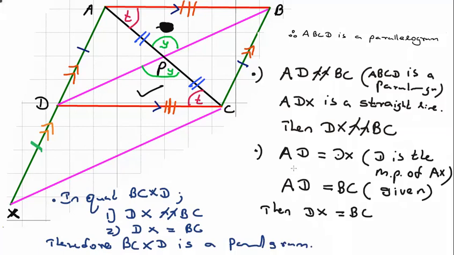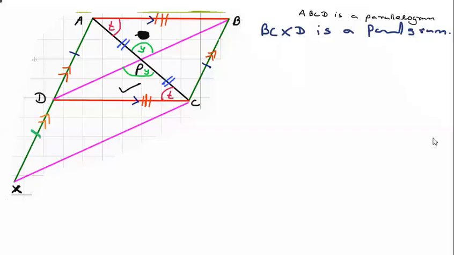All right. So now we have proven ABCD is a parallelogram and BCXD is a parallelogram. So then what's next? We got to tell our marker that we know that both of them are going to have the same area. So how do we show that? All right. So now what's next?